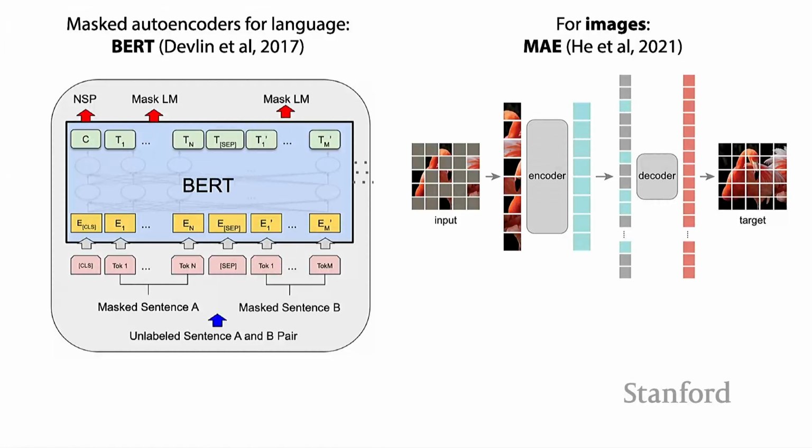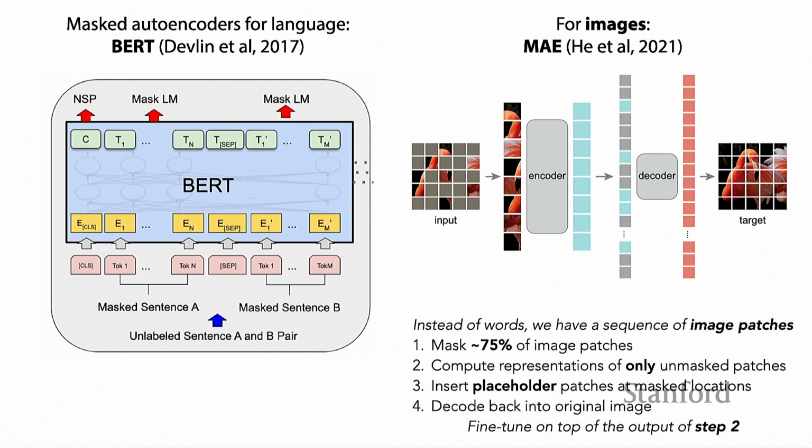Okay, so zooming back out from BERT, I hope that was useful to see in a little more detail. Although BERT is the most famous, this sort of masked pre-training approach is not a language-specific phenomenon, and especially recently, people found that this works really well for learning representations of images too, also with transformers. It's a very similar learning setup. For an image, we chop the image up into a sequence, a grid of sub-regions or patches.